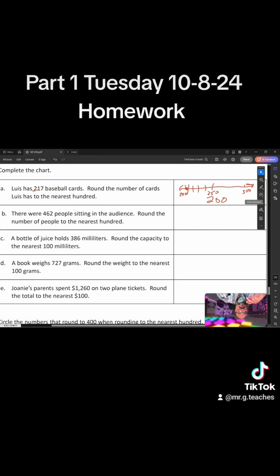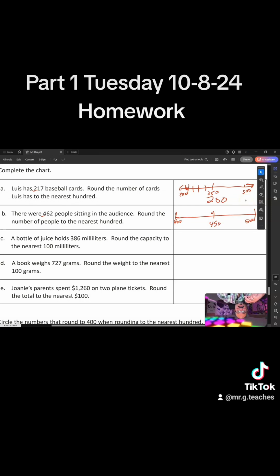B, there were 462 people sitting in the audience. Round the number of people to the nearest 100. 4 is in the hundreds place. Again, you can do your number line. 462 is between 400 and 500. Halfway would be 450.